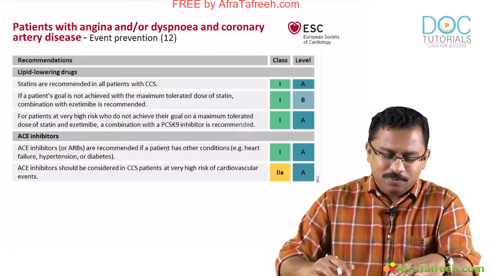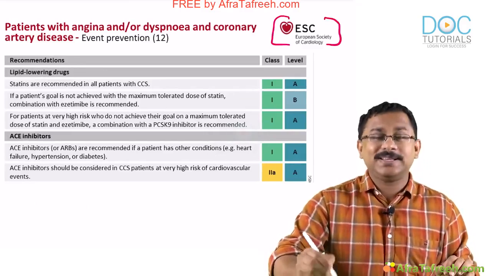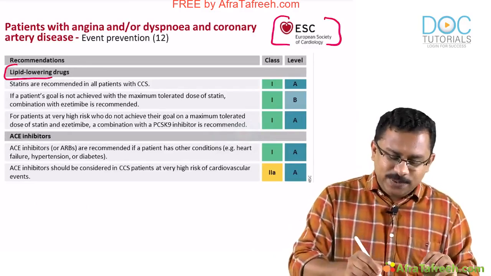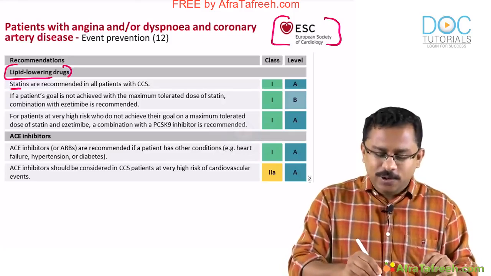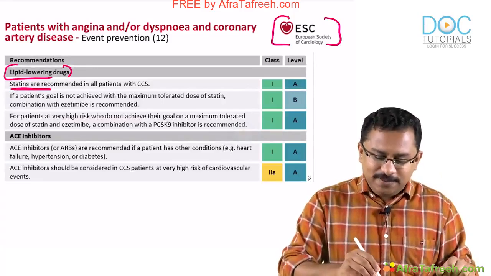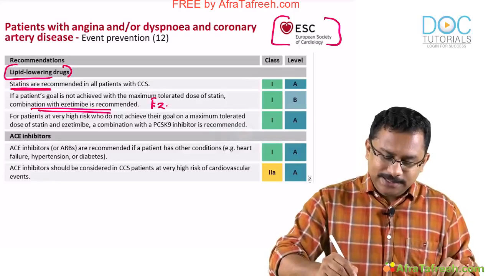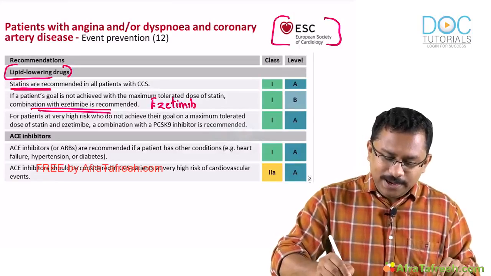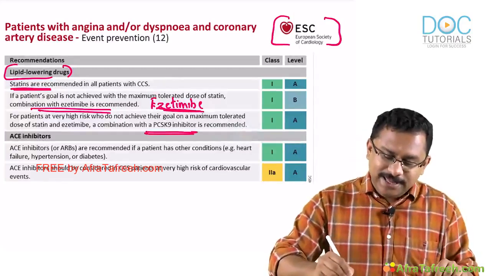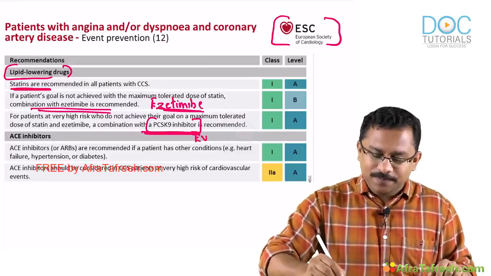And just to add on one more point about these guidelines, okay, again, I'm quoting the European Society of Cardiology guidelines, is regarding the utility of the statins, which we have already discussed, because initially you will go for moderate to high intensity statins, but if the goal is not achieved, you can go for a combination with an agent like ezetimibe, okay, and even the guidelines also advocate the use of agents like the PCSK9 inhibitors, okay, like your evolocumab.